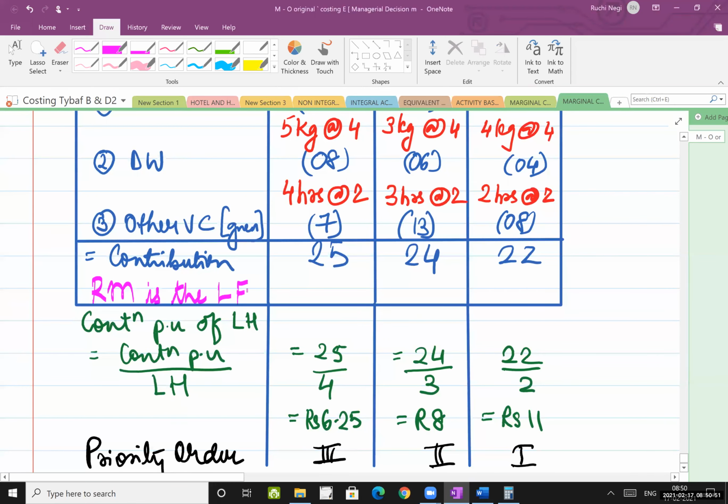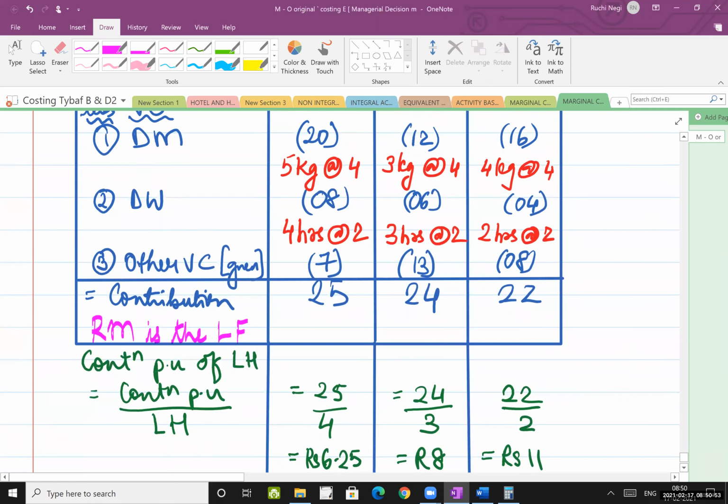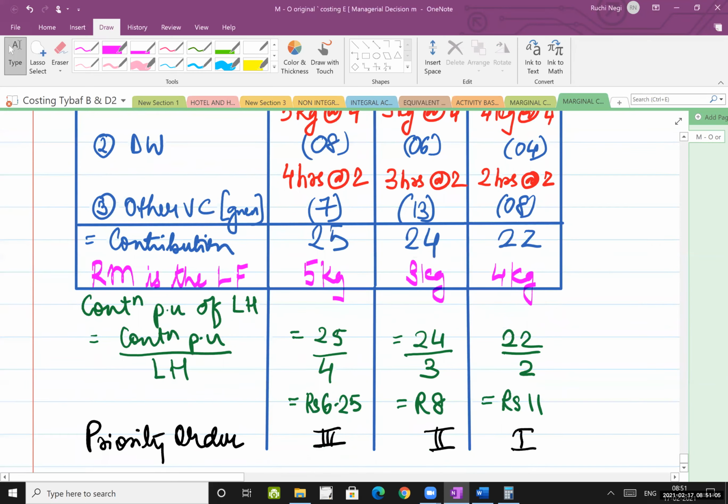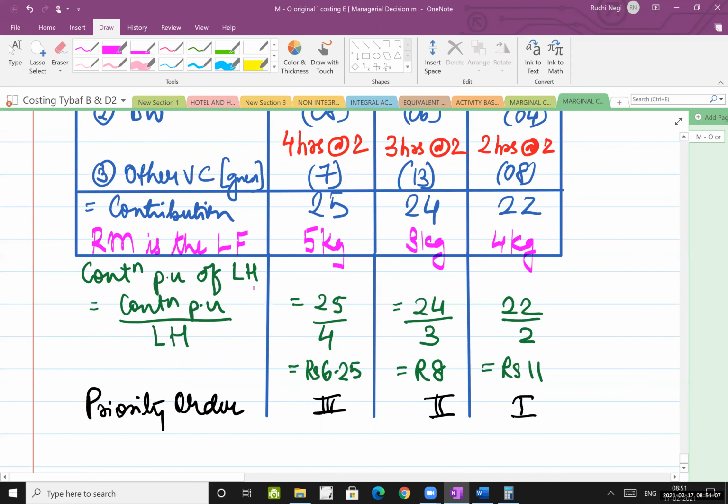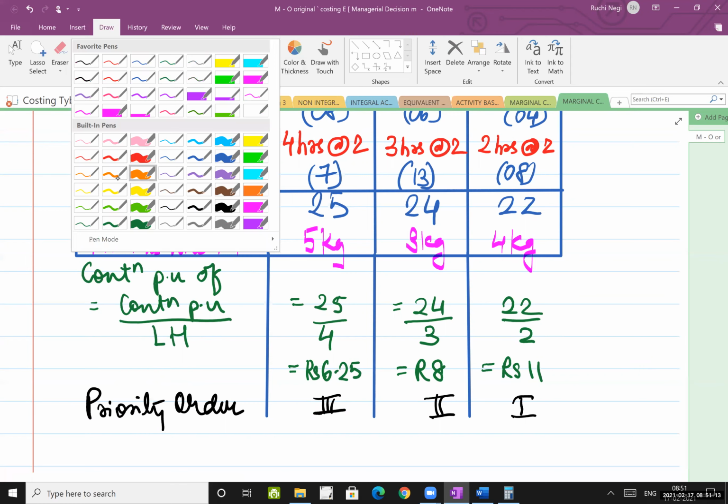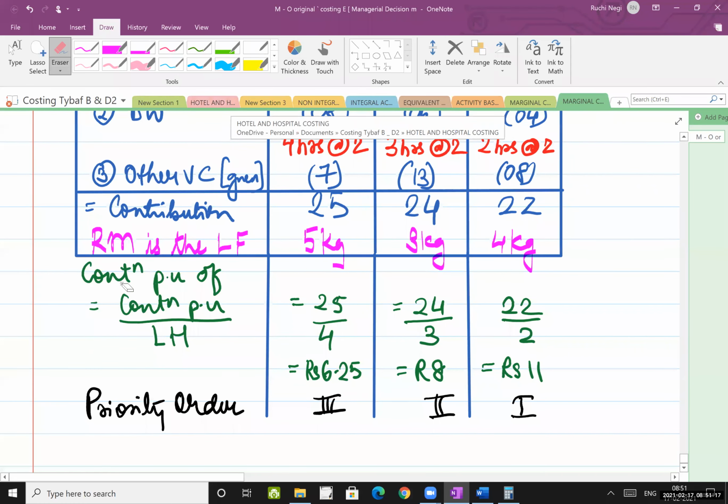अभी एक यूनिट बनाने के लिए 5 kgs रॉ मटेरियल लगता है, 3 kgs and 4 kgs respectively. So contribution per unit of labor hours की जगह पे क्या आएगा, contribution per unit of raw material. Try to understand this as students, don't mug it up.